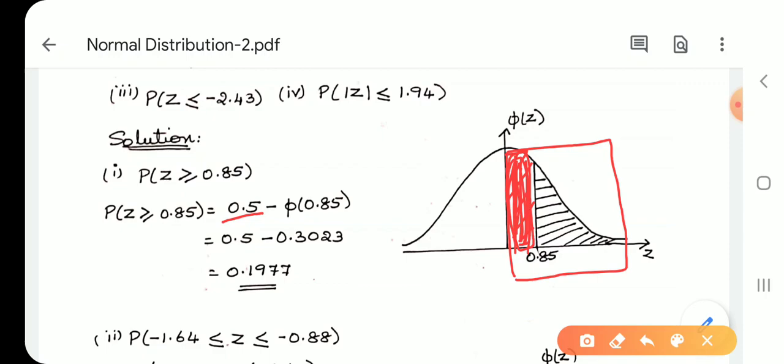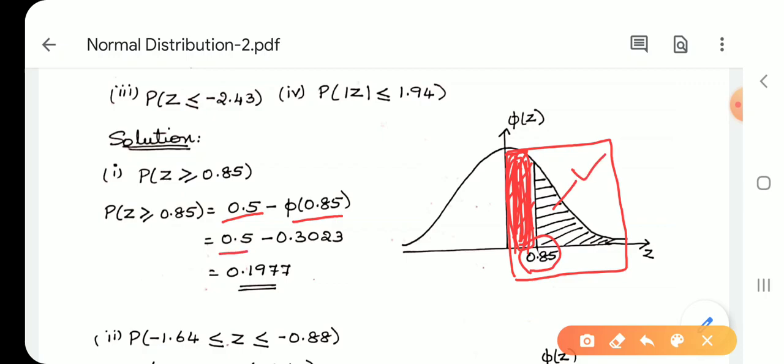This portion of the curve which is marked in red is given by the area phi of 0.85. So when phi of 0.85 I subtract from 0.5, I get the shaded portion of the curve.